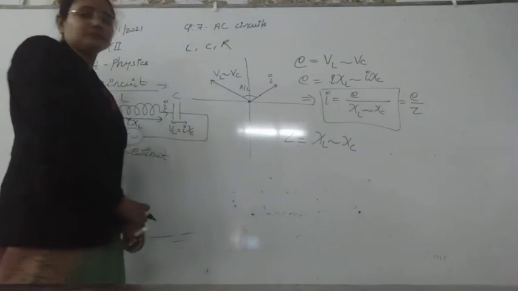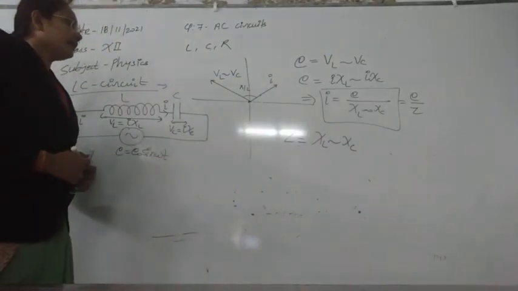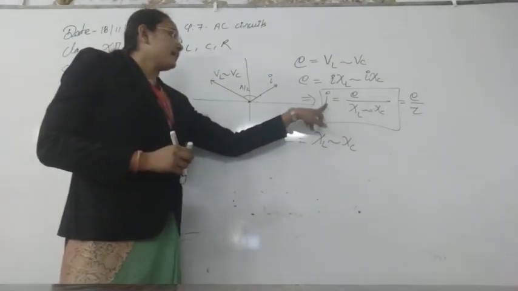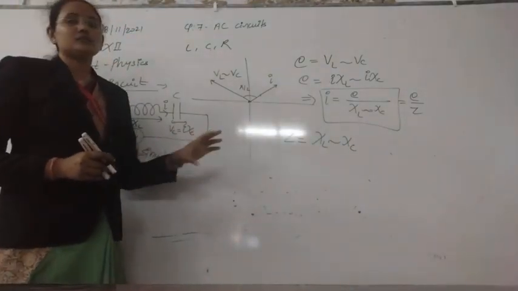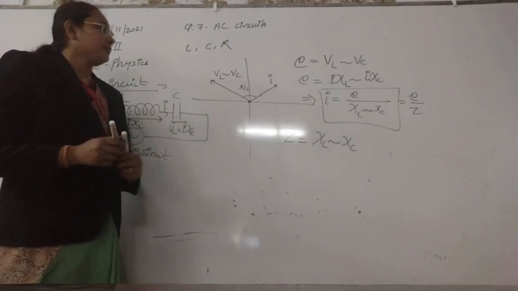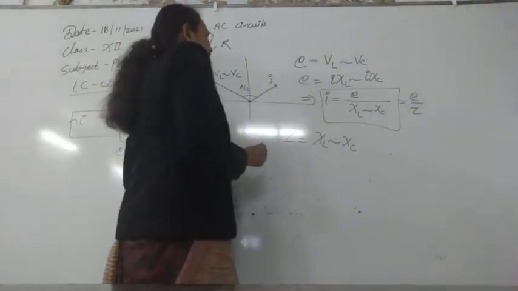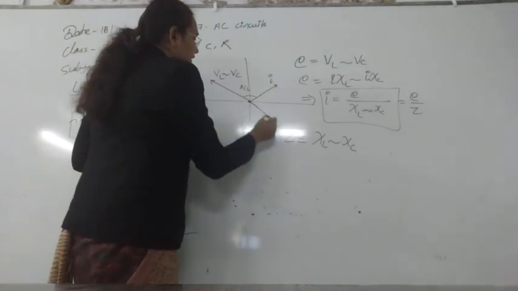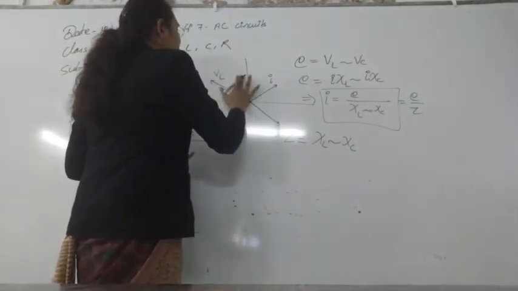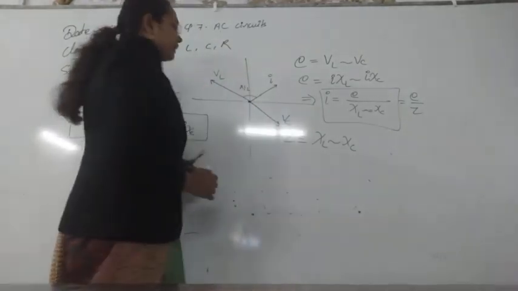C. And the current, its phase depends on which factor is greater. For example, let me make the phasor diagram for LC. This is the phasor diagram for LC.